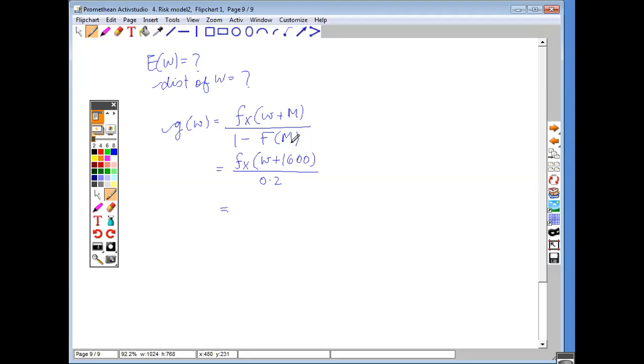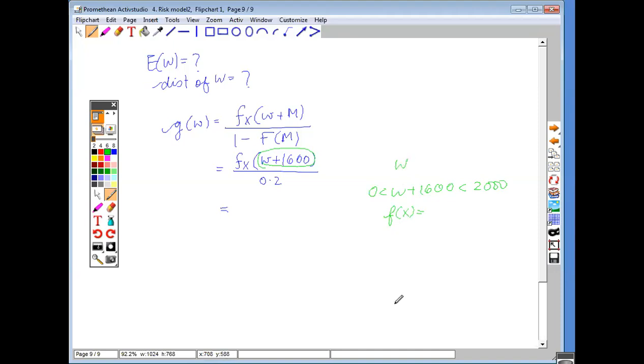And I just saw that my x random variable follows a uniform distribution, right? So let me maybe write it like this. Every time this value here, basically W plus 1600, is going to be between 0 and 2000, I know what my f of x is. So what is my W here?